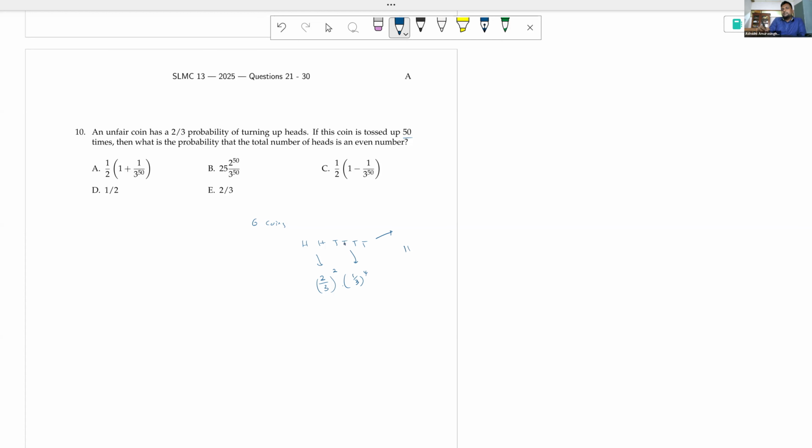So it can either be like HT, something like that. So that means you have to select 2 out of 6. So this would be the probability.